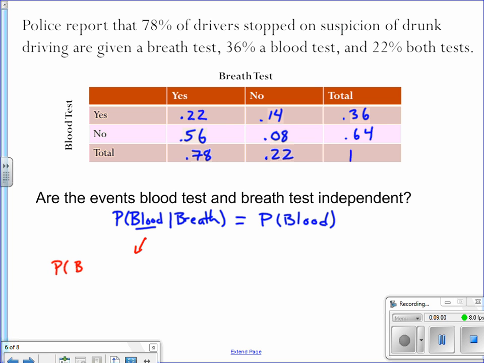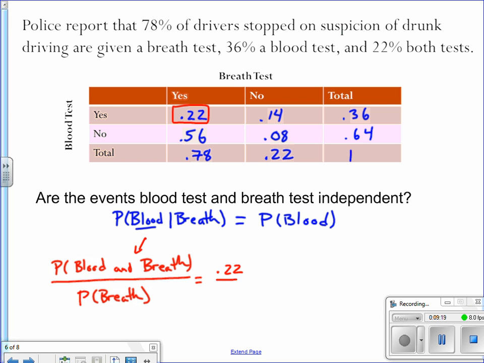So, very quickly, blood given that you've had a breath test would be the probability of a blood test and a breath test, divided by the probability of a breath test. So blood and breath is 22%, and the probability of just a breath test, right?